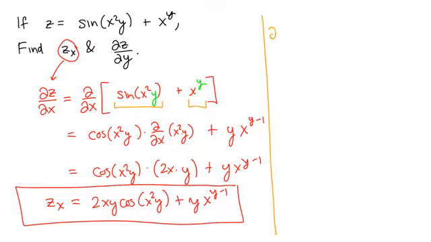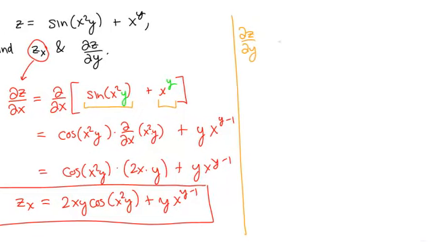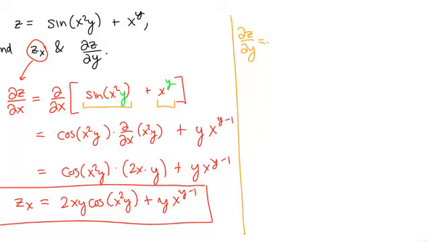Let's now work out del z del y. So del z del y is just going to be the partial derivative with respect to y of the function sine of x squared y plus x to the y, where this time we're treating the x's as the constants. If we differentiate this first piece, the sine of x squared y, that's going to be a chain rule example.